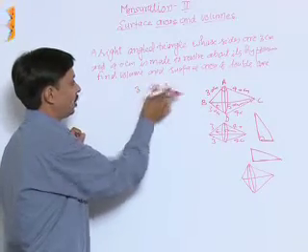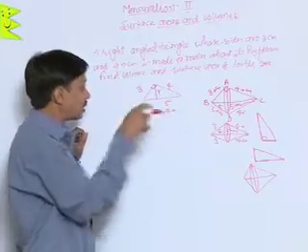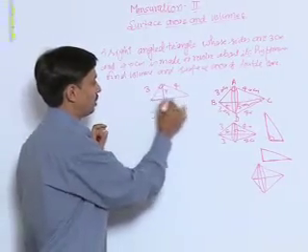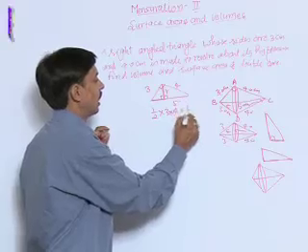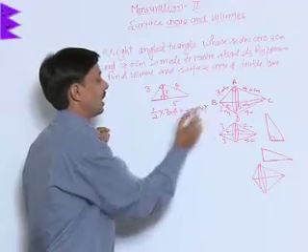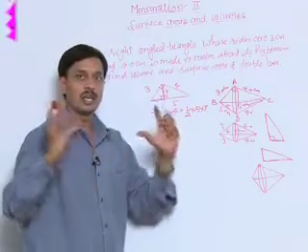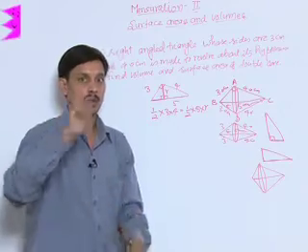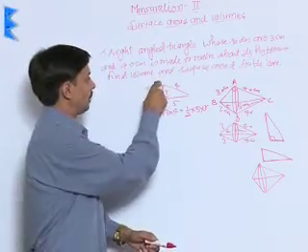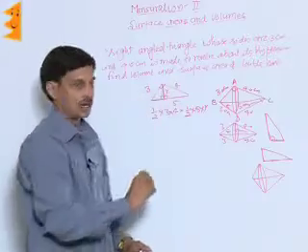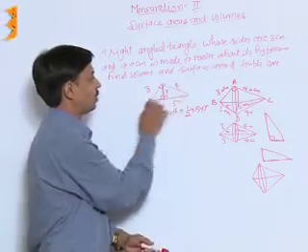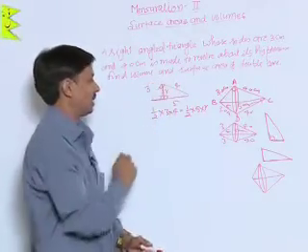It can also be calculated as half into 5 into R. I have equated the area of the same triangle by two different approaches. If the hypotenuse is taken as base, then R is the height.